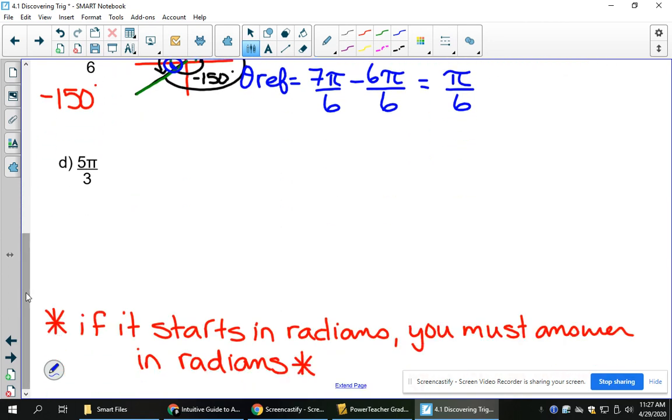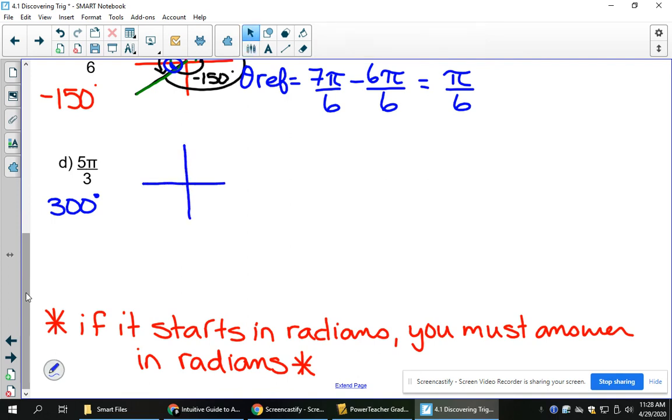Now, 5 pi by 3, this is 300 degrees. Since we don't quite know the unit circle yet, we'll start with a sketch of 300 degrees. 300 degrees goes from the positive x-axis all the way around to there. Now, if I want to know the reference angle, first I need to know where it is.